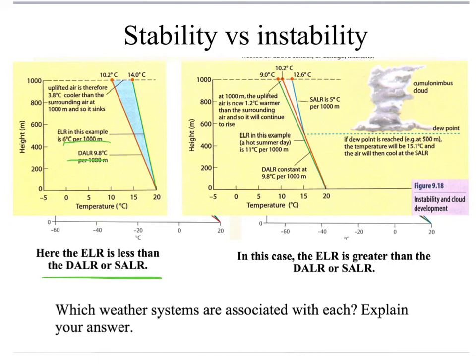But you can see that it's basically cooling faster, and so ends up cooler at 1,000 meters than the environmental lapse rate, and therefore this air will sink. And if that's sinking air, of course, then that will give us anticyclonic conditions.